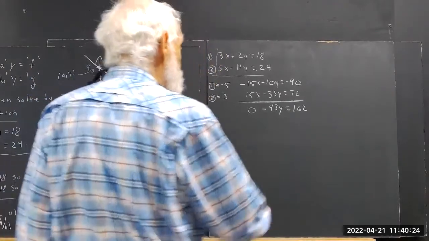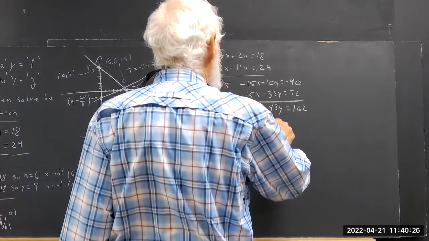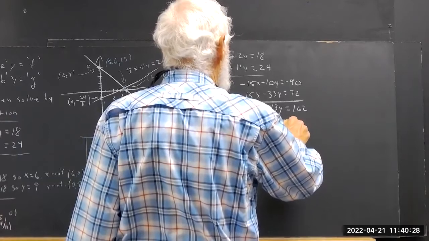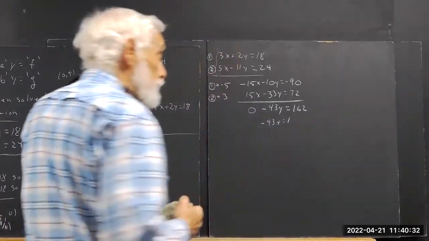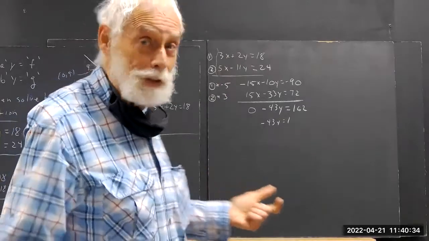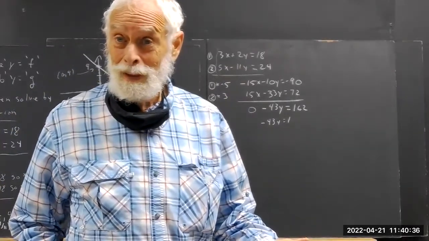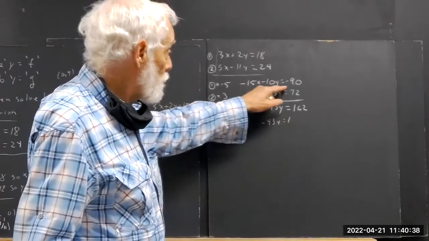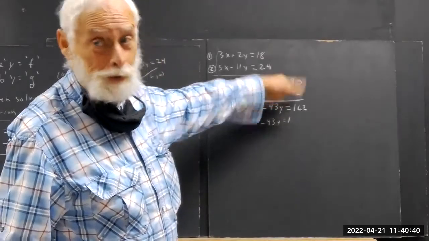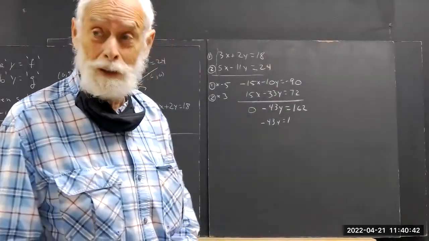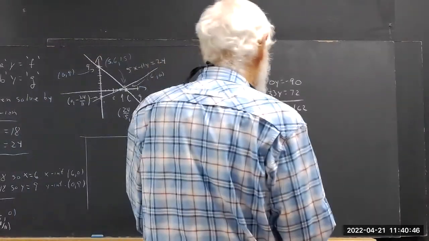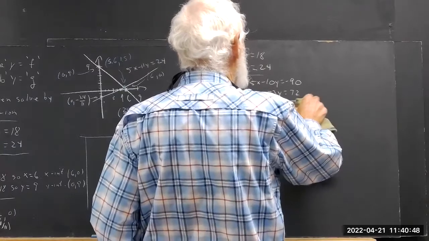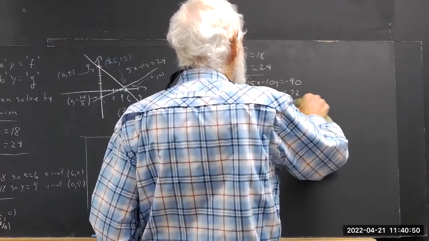Well, that gives me negative 43y. 90 and 72 is 162. And that's what you get if you don't see that little negative sign there, which I should have remembered from having written it only 10 seconds earlier.